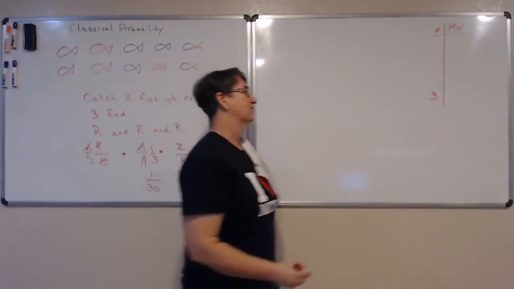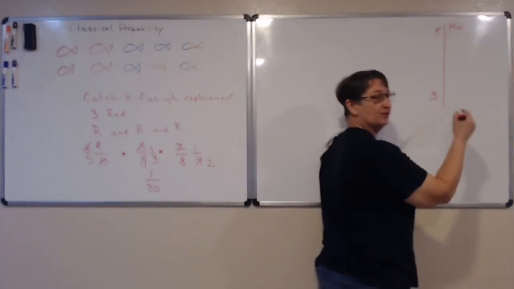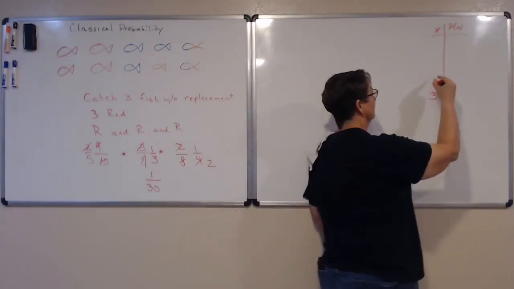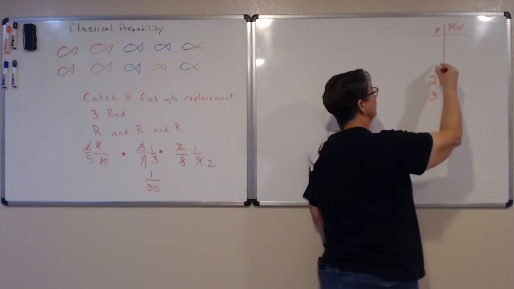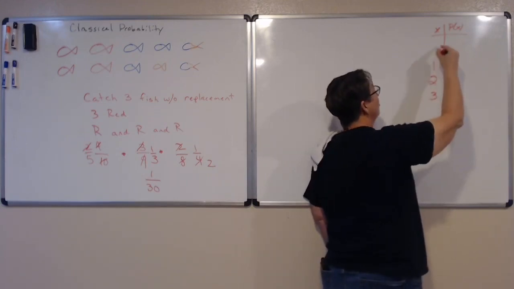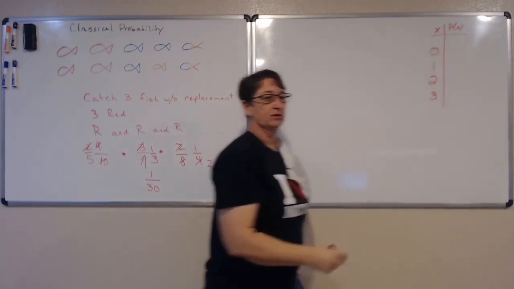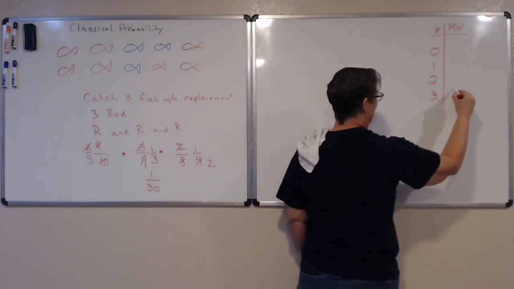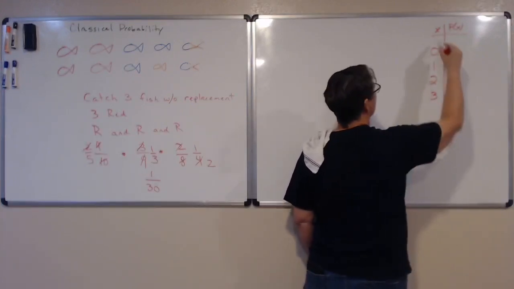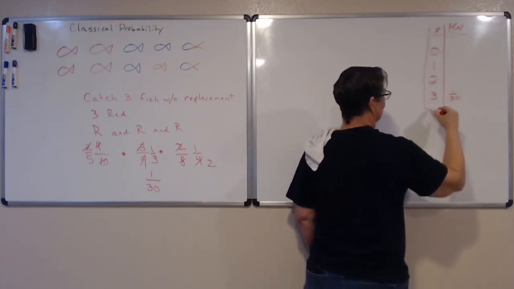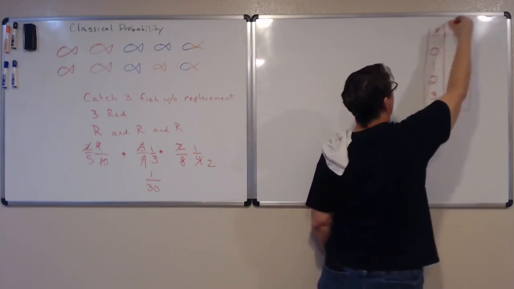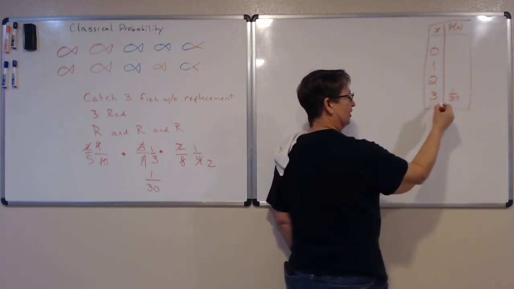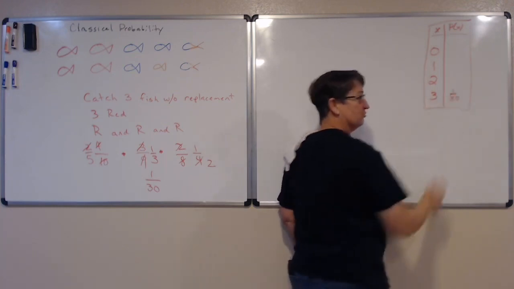Or I could get 2. Or I could get 1. Or I could get 0. All right, so the probability there is 1 out of 30. So again, if I did this experiment 30 times, my frequency of getting 3 red, I would expect it just to be 1.